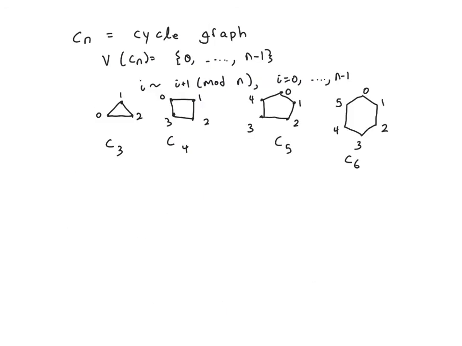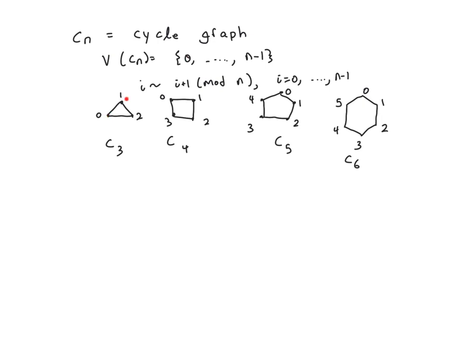Finally, we have the cycle graph. This is the one we abbreviate with C_n. It also has the same vertex set as the path. Its edges are i is adjacent to i plus 1 modulo n. So you take the path graph and you just add an edge between the first and last vertex.